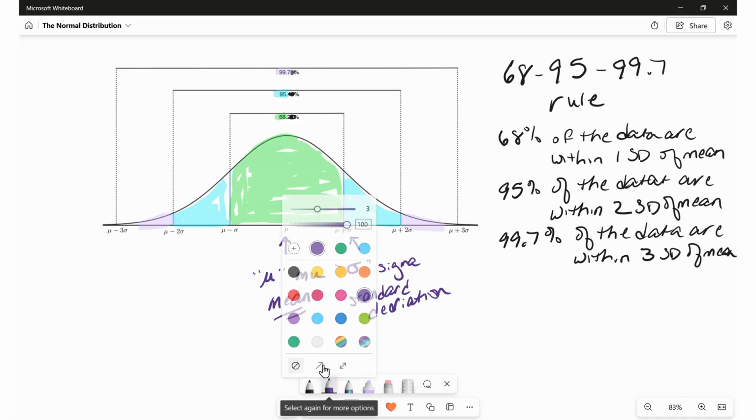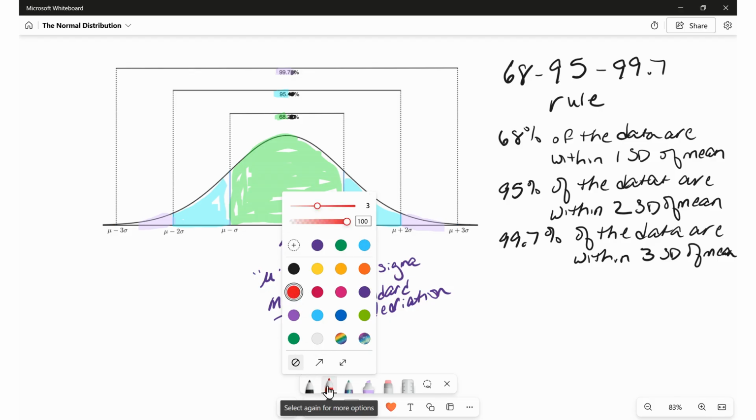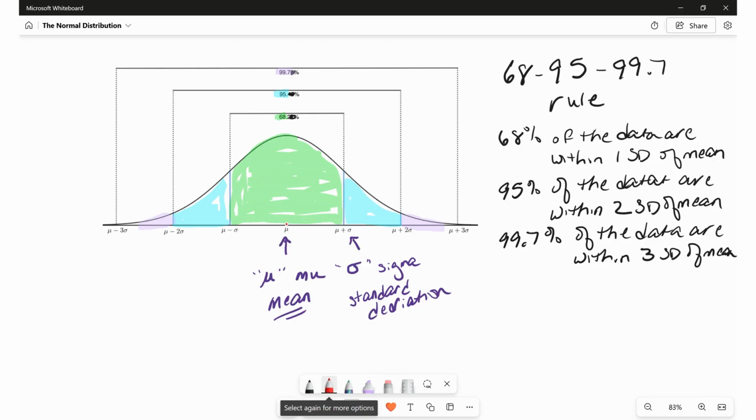Now, something that is really important to keep in mind is that when your data is normally distributed, from the mean this way, this is 50% of your data.